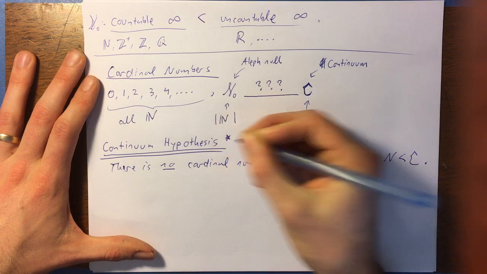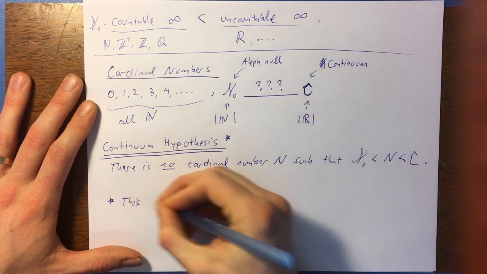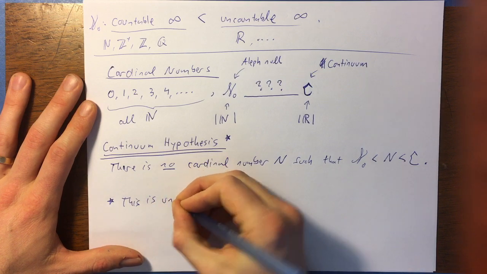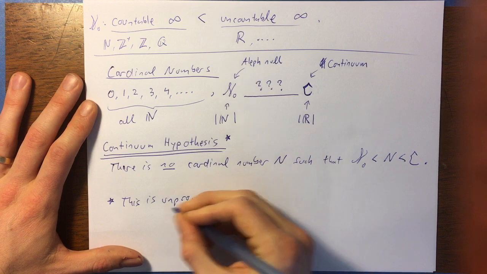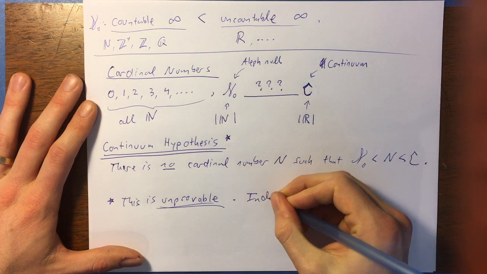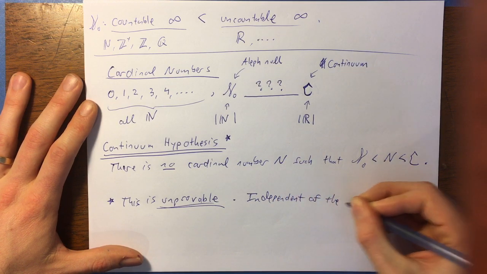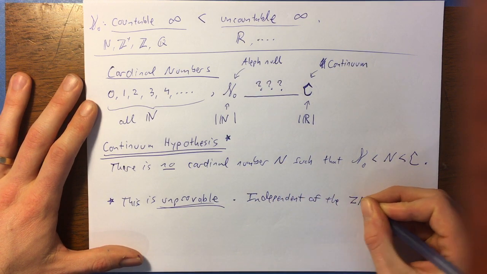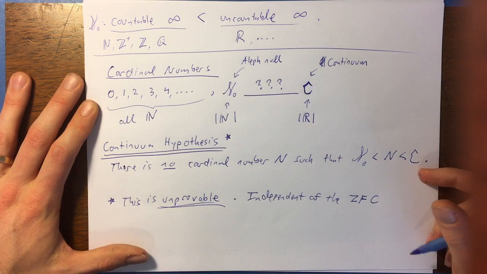The reason it is a hypothesis is that this statement is not only unproven, but unprovable in a sense, because it is what's called independent of the ZFC axioms I mentioned when I was talking about set theory and the foundations of mathematics.